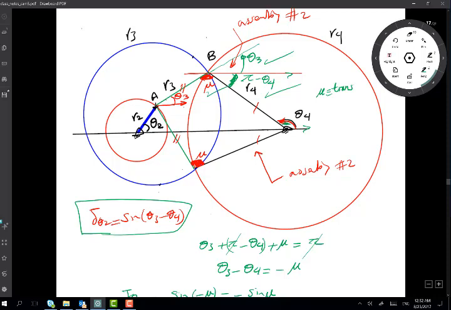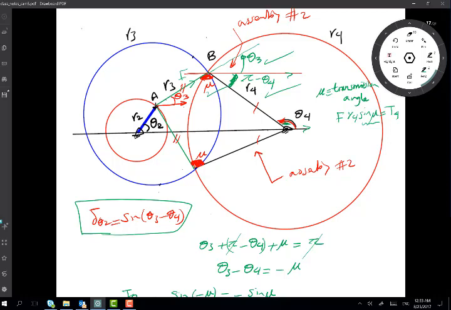If you remember, the force transmitted F times R4 sine mu gives me the torque transmitted to the rocker. So if sine mu is equal to 0, no torque will be transmitted.